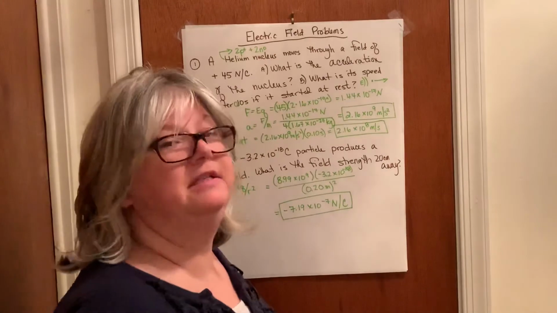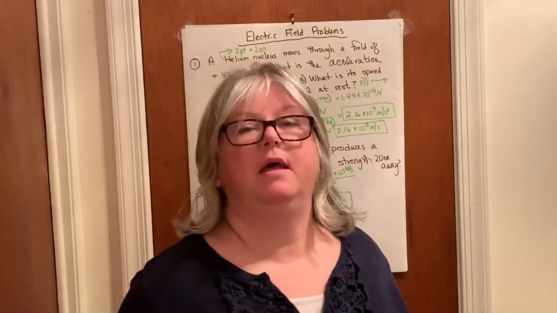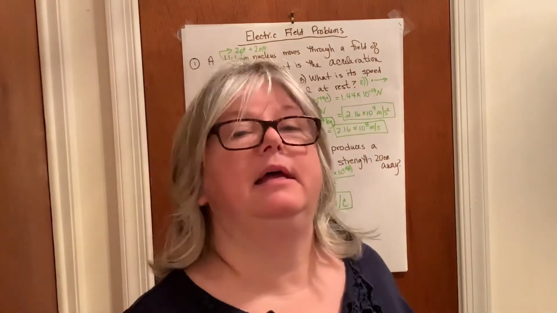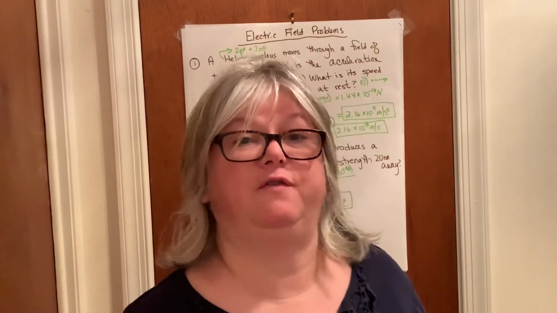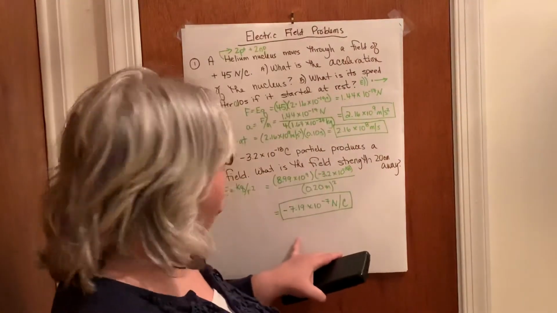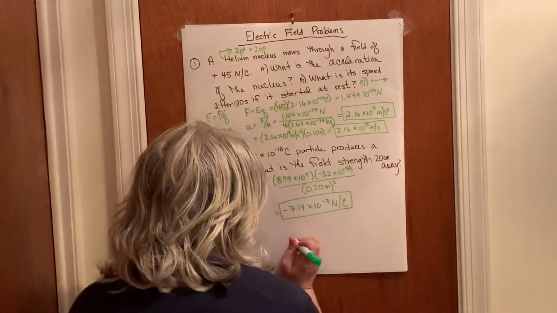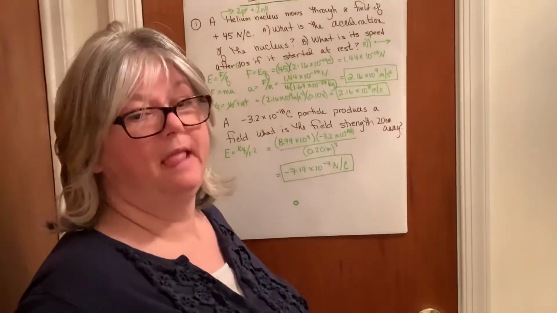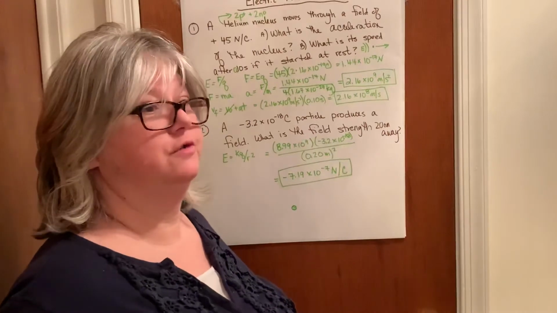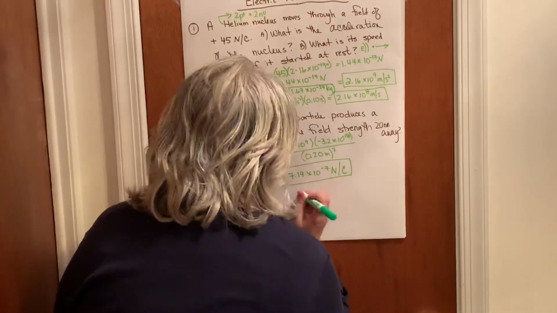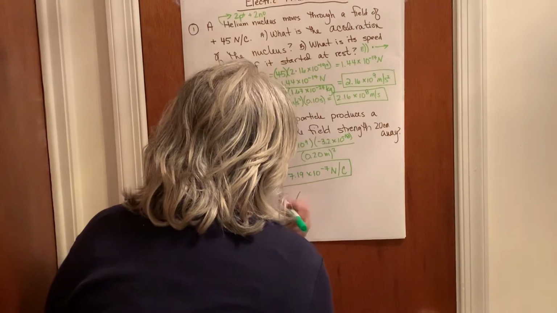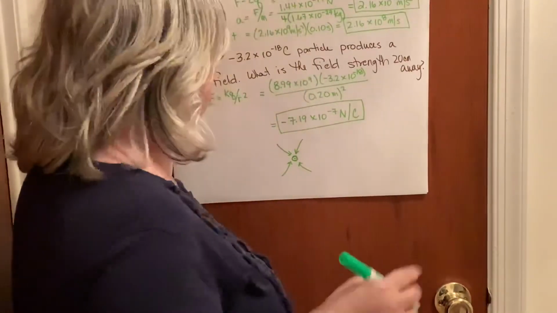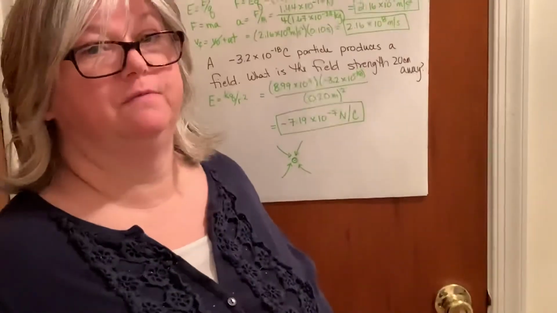Now, this is a negative electric field. One of the other things I'm going to ask you to do in the problem sheet that I sent is to diagram electric fields. So let's diagram this field. There is my charge. It's a negative charge, therefore my field lines are going to enter my charge.